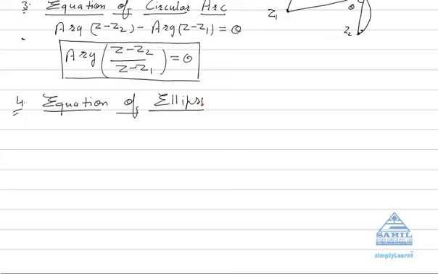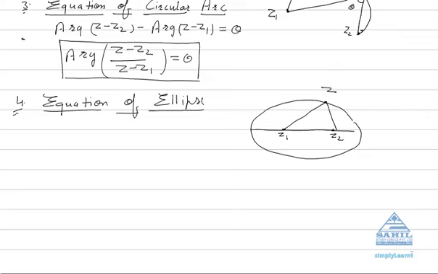An ellipse is the locus of a point such that the sum of distances from two fixed points, which are the foci, is constant. The sum of distances from a variable point to the two fixed points z1 and z2 is always constant, and that is equal to the length of the major axis, normally 2a.